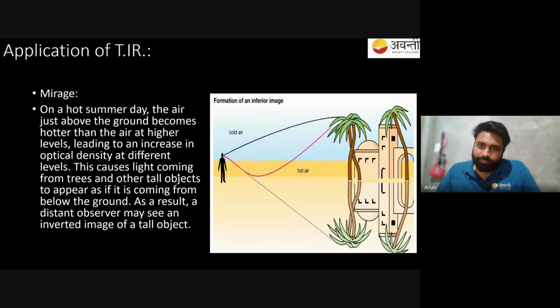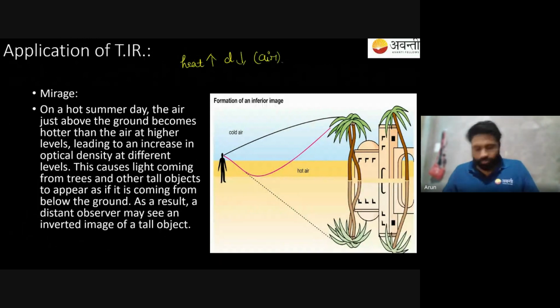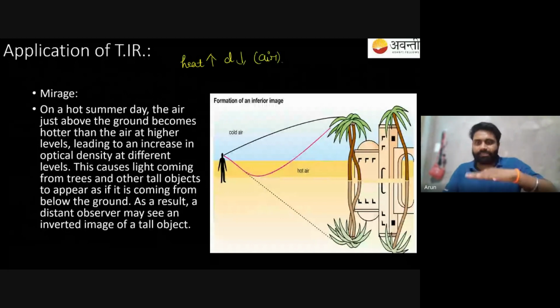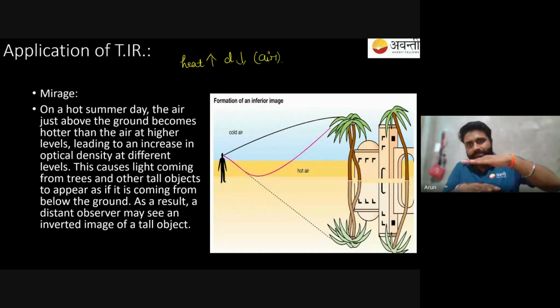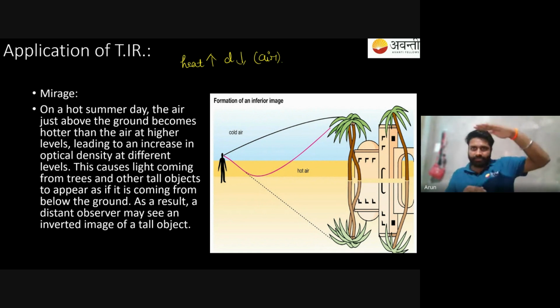Whenever the air heats up, density decreases. So just above the surface of the earth, we have a hotter section of air, and this hotness is continuously decreasing. So we have layer by layer, hot layers of air. And at a distance far away from the earth, we have colder air.